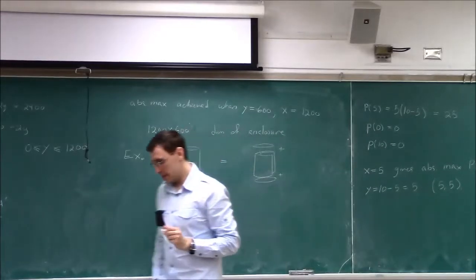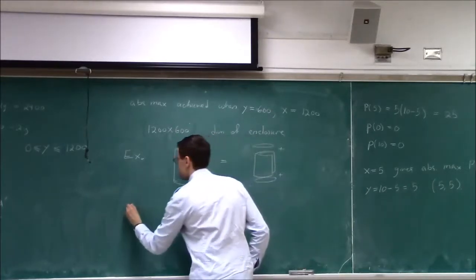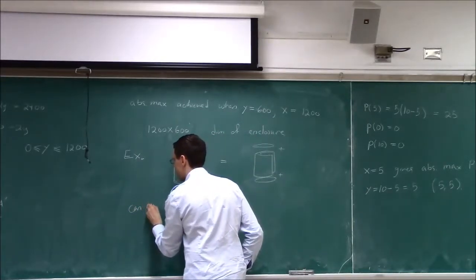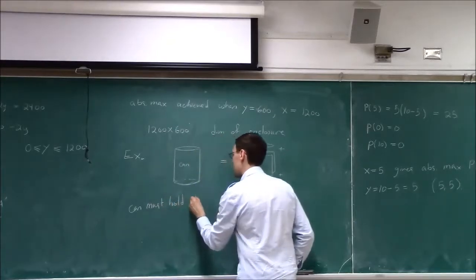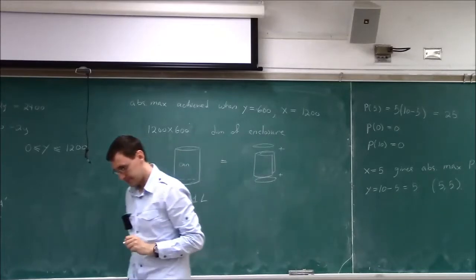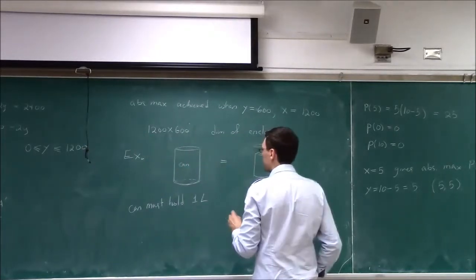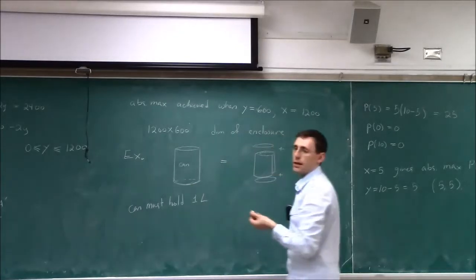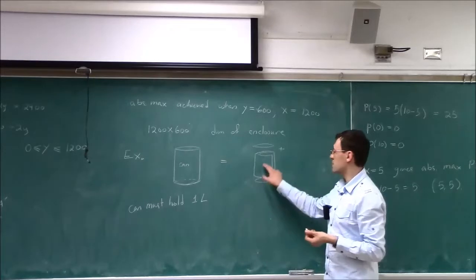So this can is supposed to hold one liter of liquid. So find dimensions that minimize the amount of material used. In other words, dimensions that minimize the total surface area.